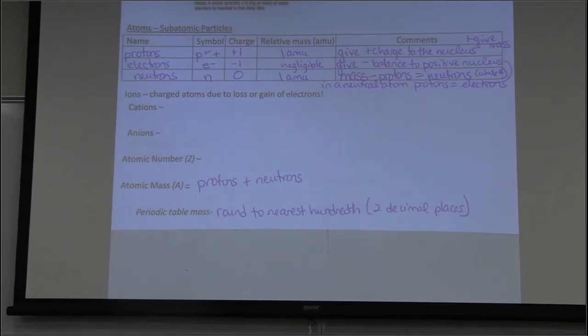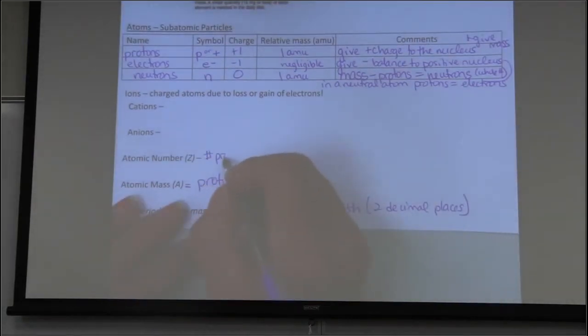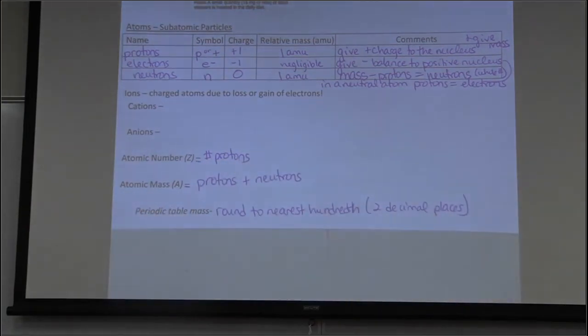What is the atomic number? It's the number of protons. Atomic number is equal to the number of protons. Take it down and then back up.